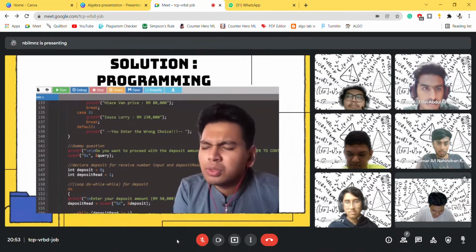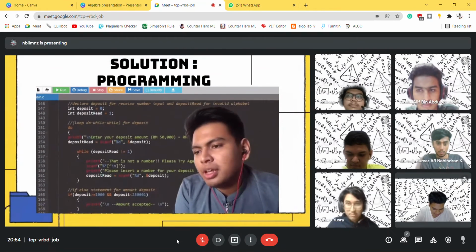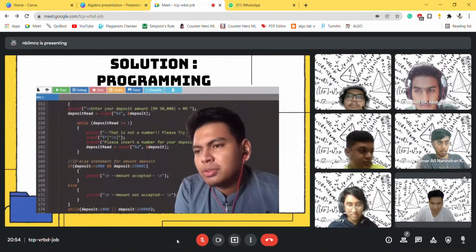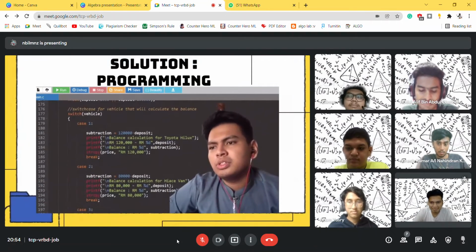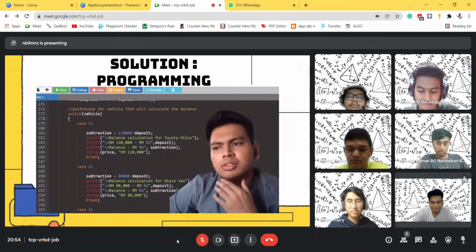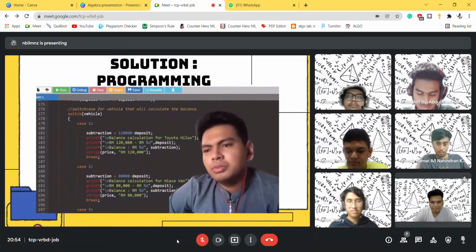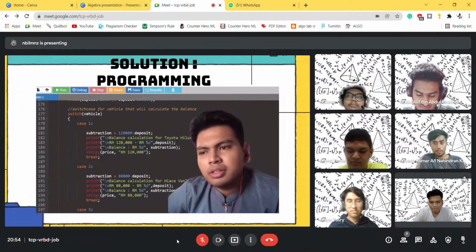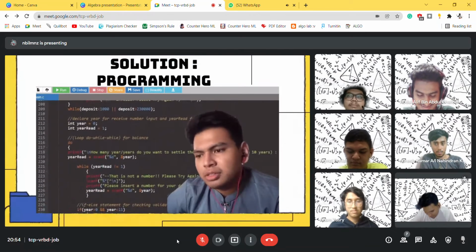Deposit is equal to Y. Okay, after that, we go to the balance, the balance calculation. So this is a switch case for vehicle. For case 1, they have their own value. So X minus Y, where Y is the deposit, and we get the balance.